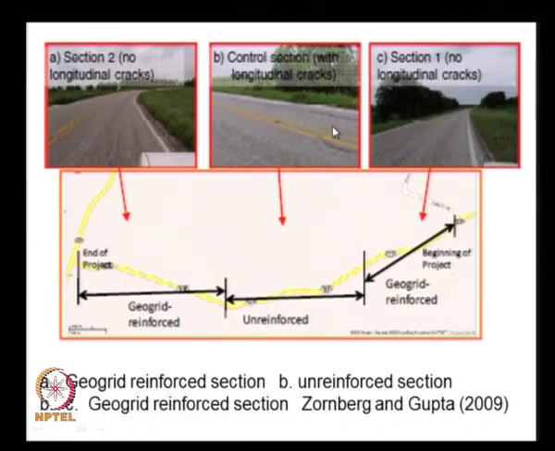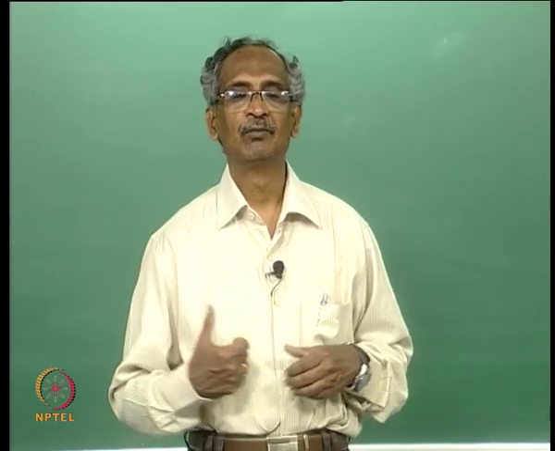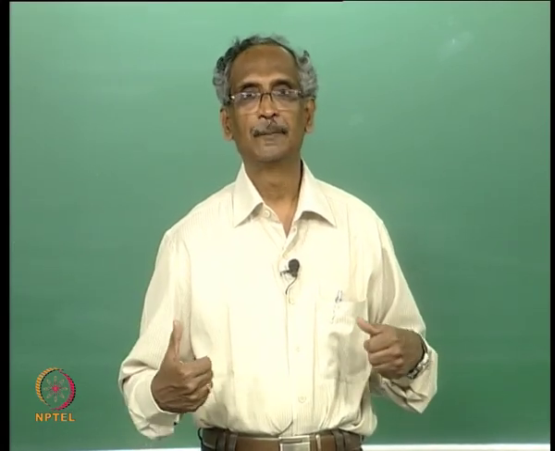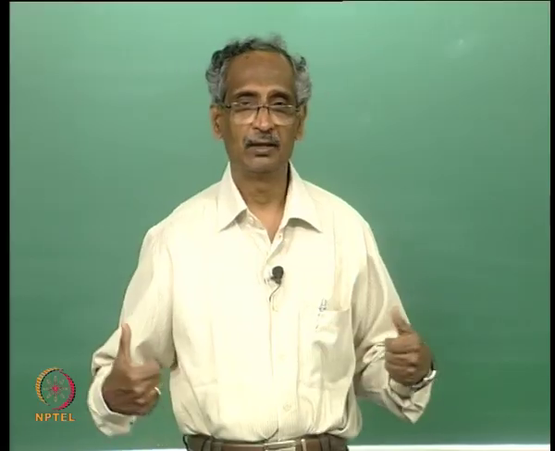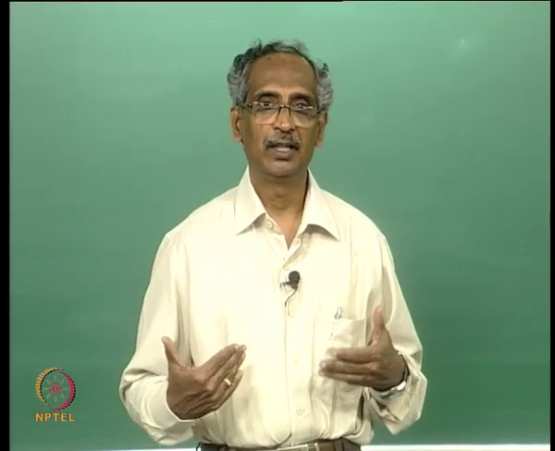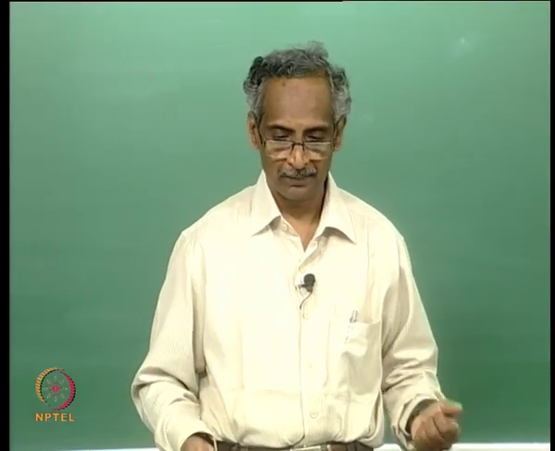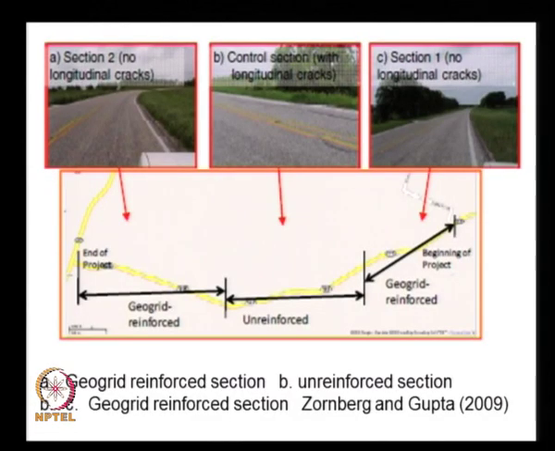That means that the reinforcement that is provided is able to suppress the volume change tendencies of the soil and keep the integrity of the pavement nicely. And in fact they have seen the effect of the junction strength of the geogrids.